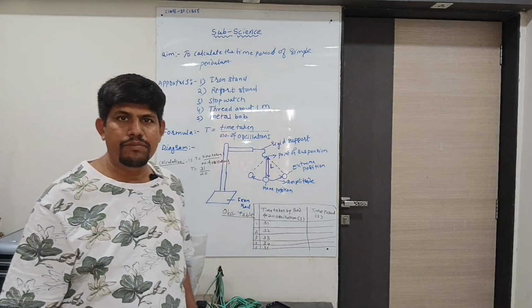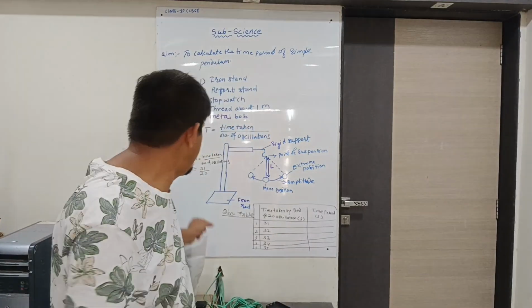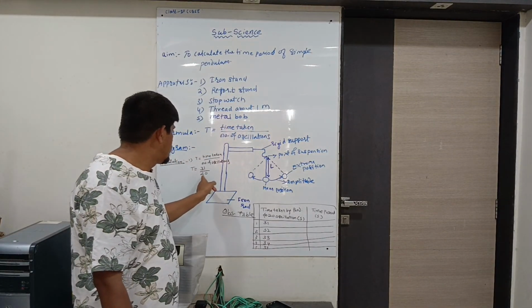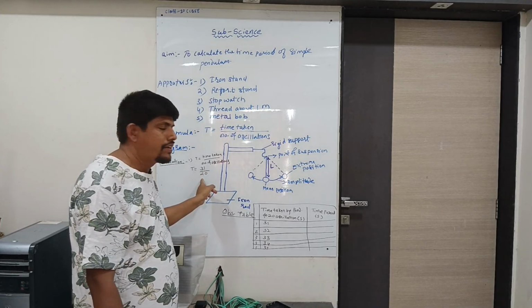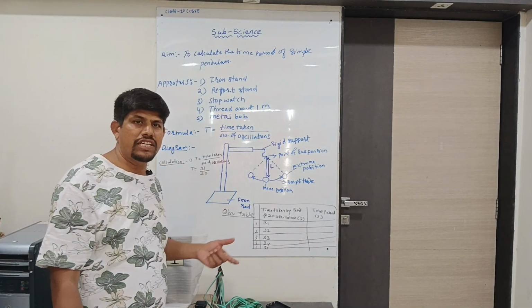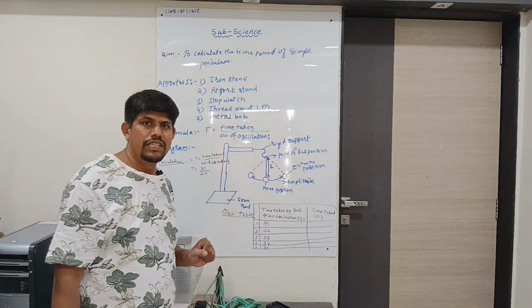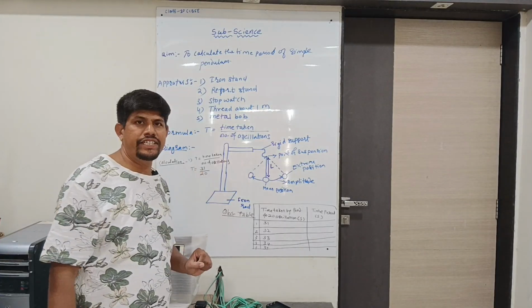Suppose you are taking the number of oscillations as 10, then you divide by 10. If you are taking 30 oscillations, then it will be 30 in place of 20.